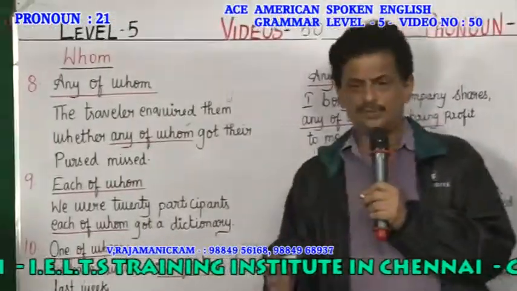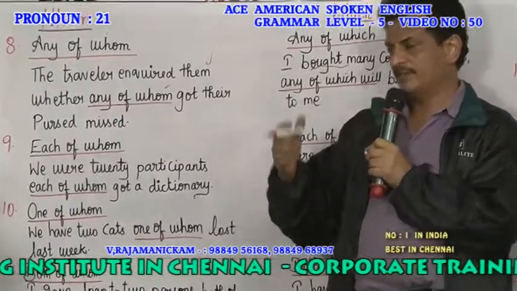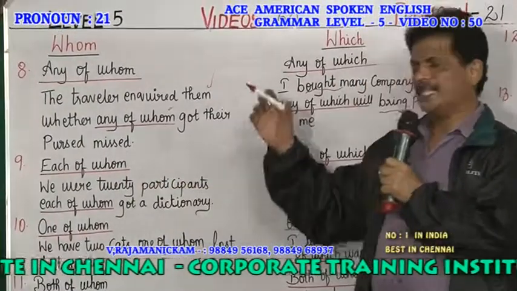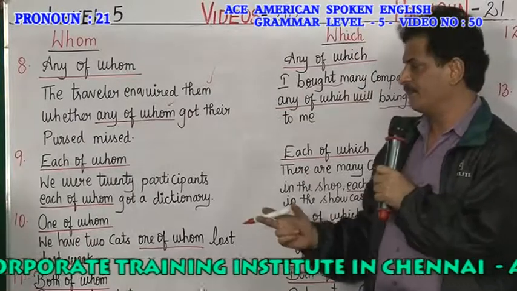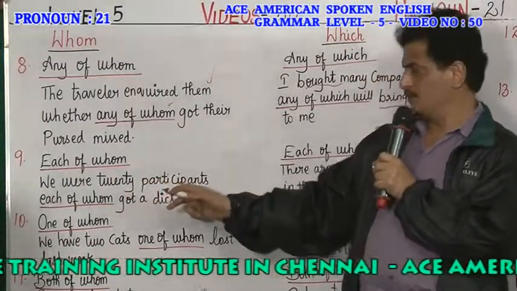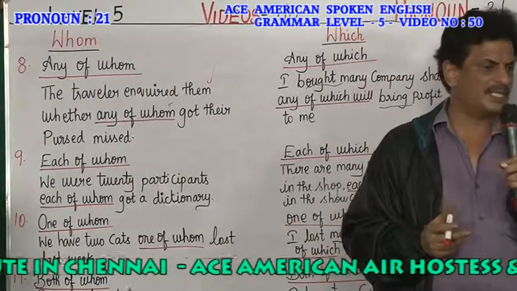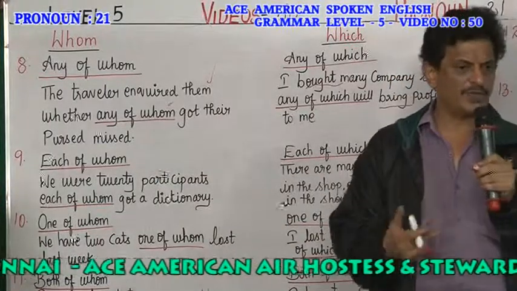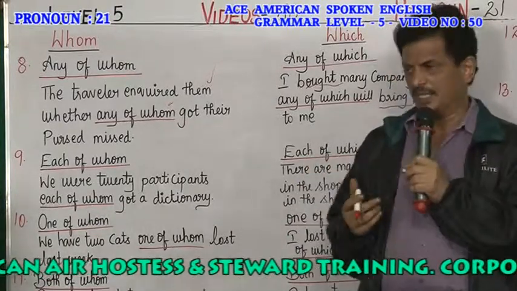Each of whom: each means any, you're asking about anybody, each and everybody. We were 20 participants. How many participants? 20 participants are there, and each of whom got a dictionary. We were 20 participants in a college quiz program, and each one of us got a prize, a dictionary.